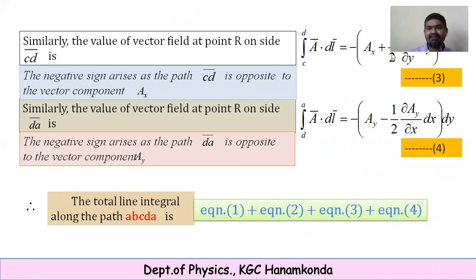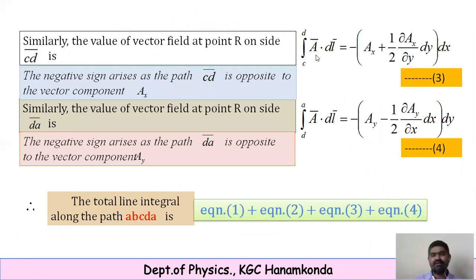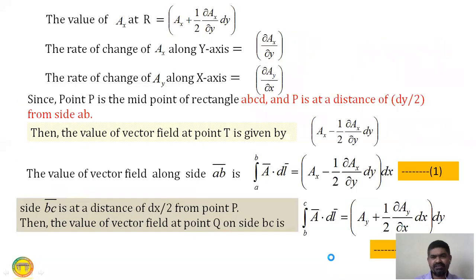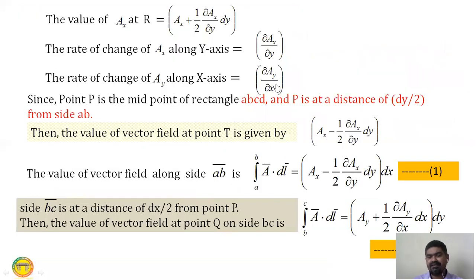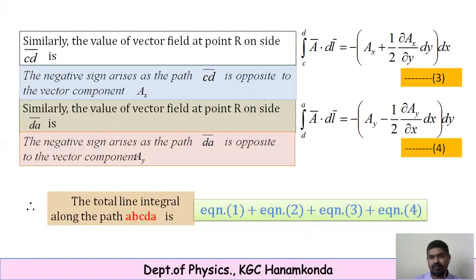Similarly, we can write the values of the line integrals on side CD and side DA. Here on side CD, the value at point R, as we have just discussed, is AX plus 1 by 2 into dou AX by dou y into dy, into dx. So here in the picture, we are going in the anti-clockwise direction from A to B, B to C, and C to D. So this is the negative direction of AB.